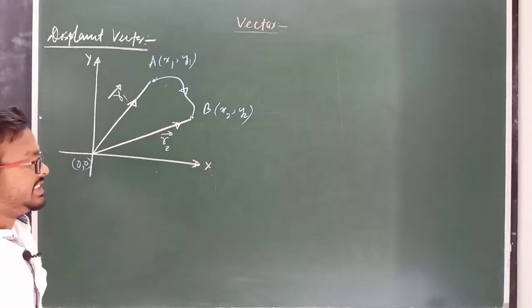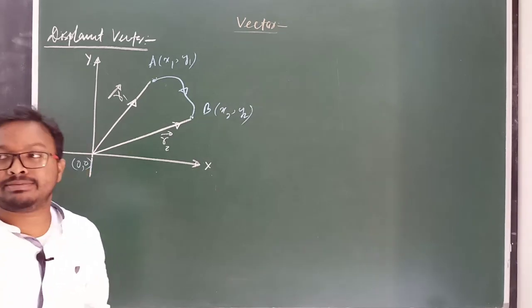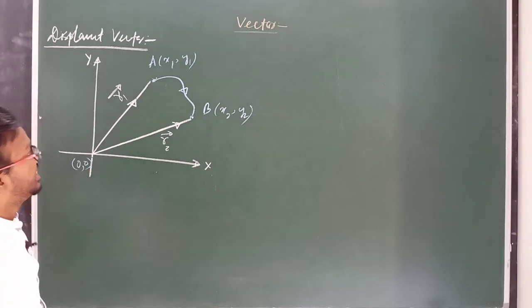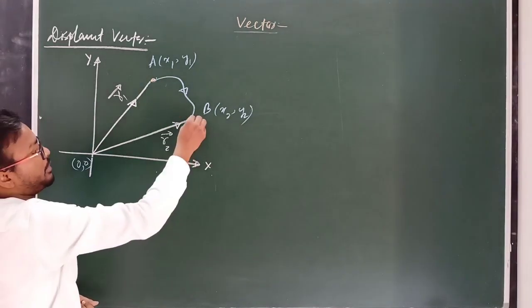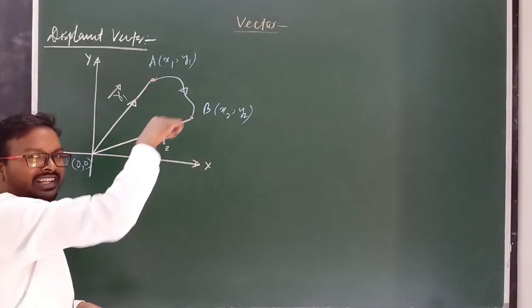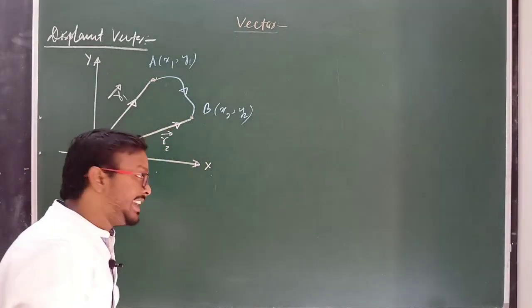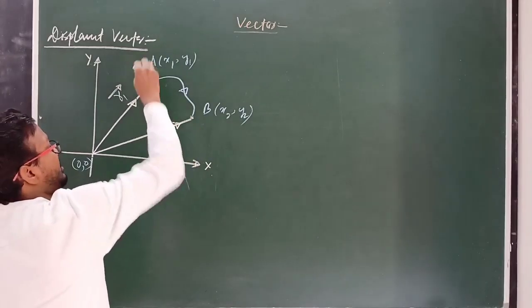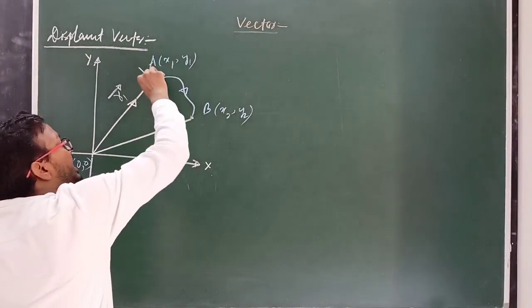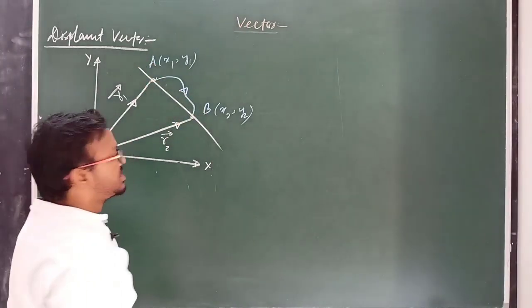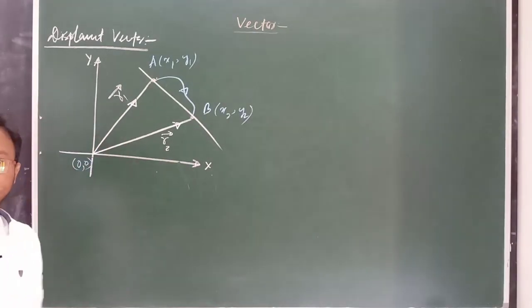So in this case, what is the shortest path between two points? The particle moves from point A to point B. Then what is the shortest path? Now you have to draw a straight line passing through these two points.